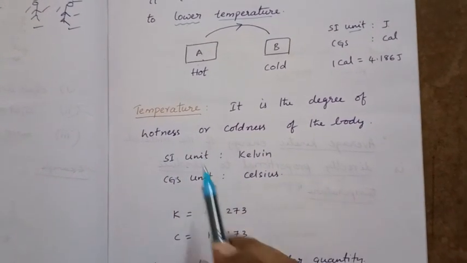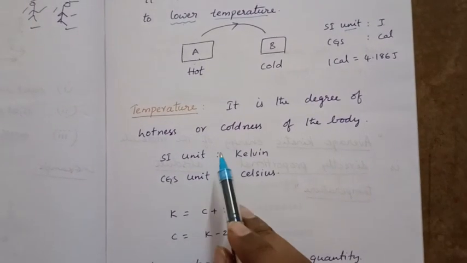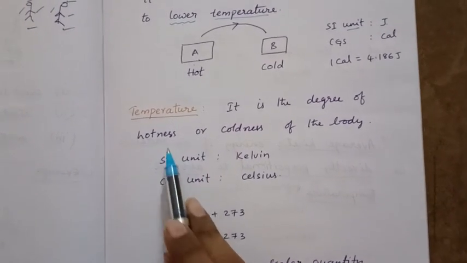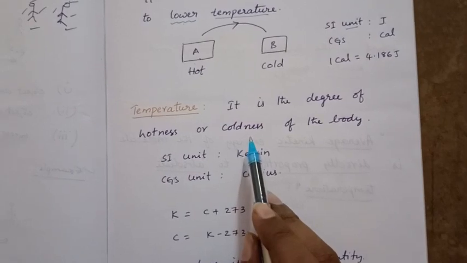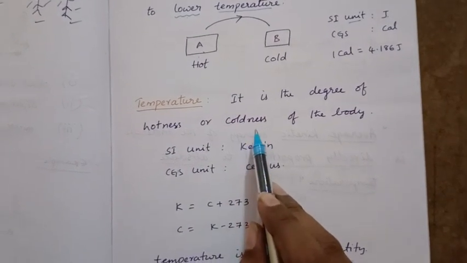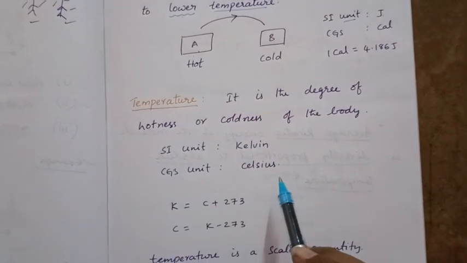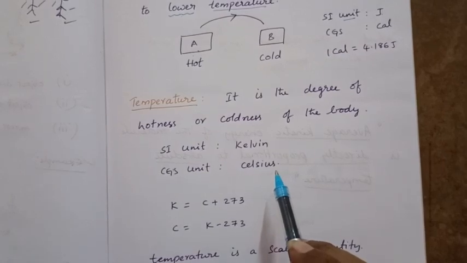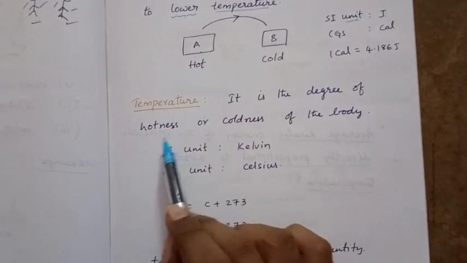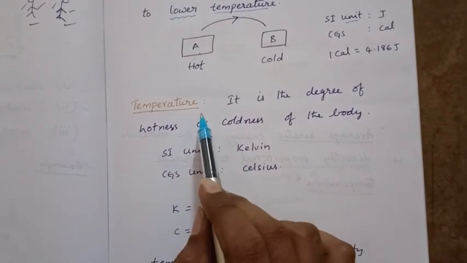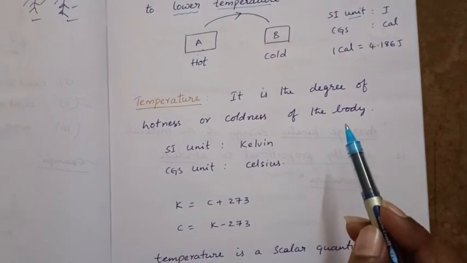It is a measurement. How much the body is hot, or how much the body is cool, can be measured by temperature. Temperature of a quantity is measured by a device, the thermometer.